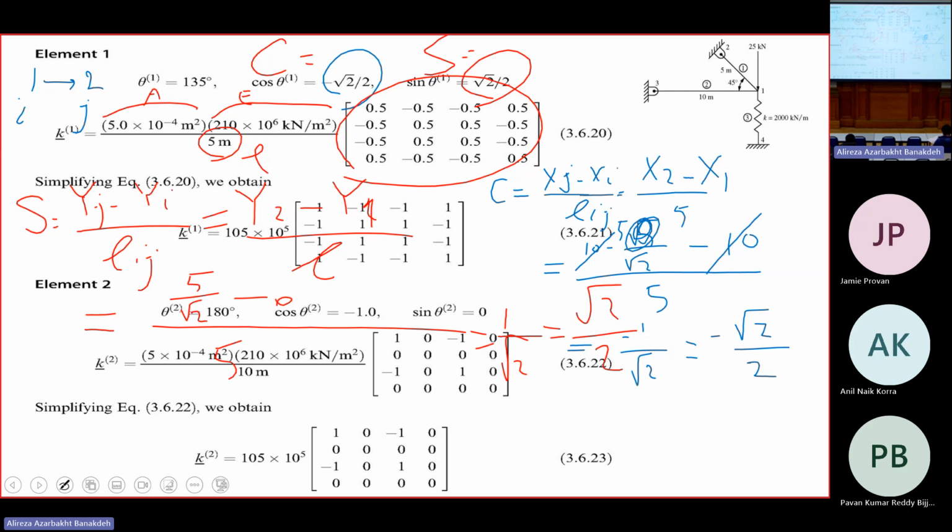So was your issue somewhere here in this slide? Which part? For this one, element number 1, calculate this one. What do you get?